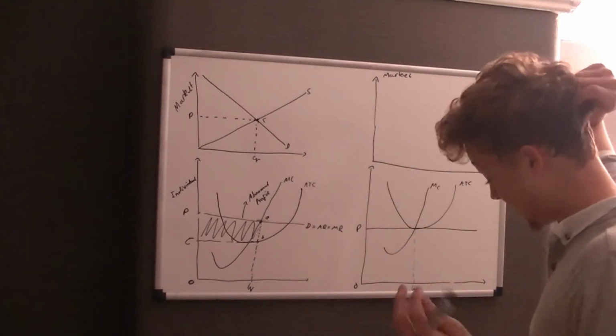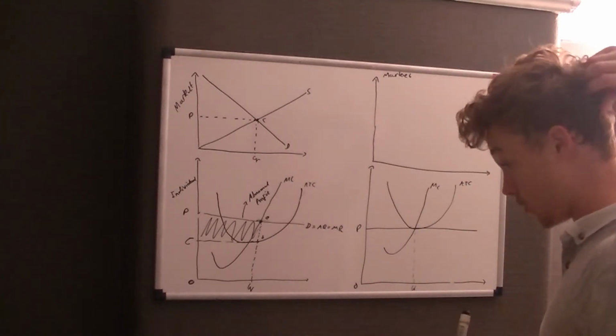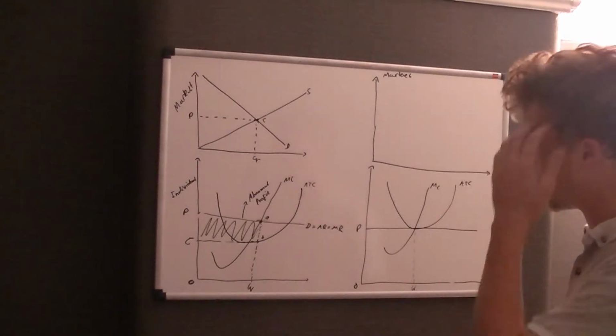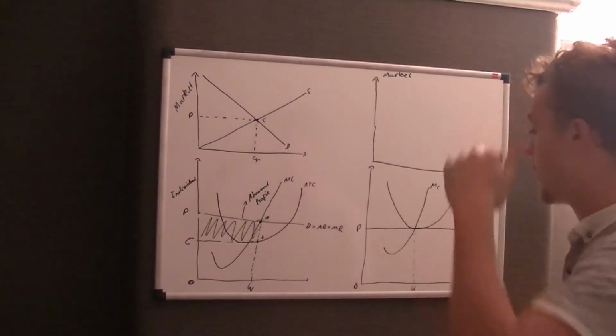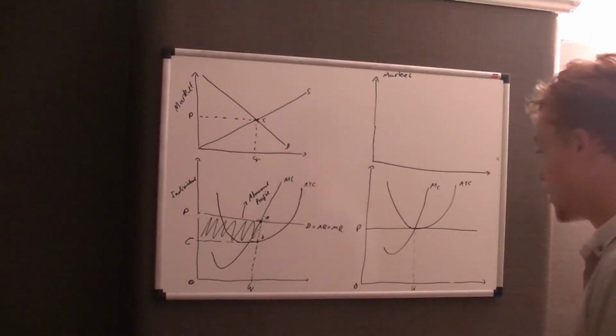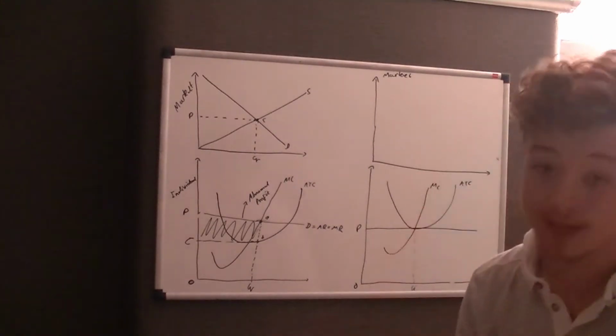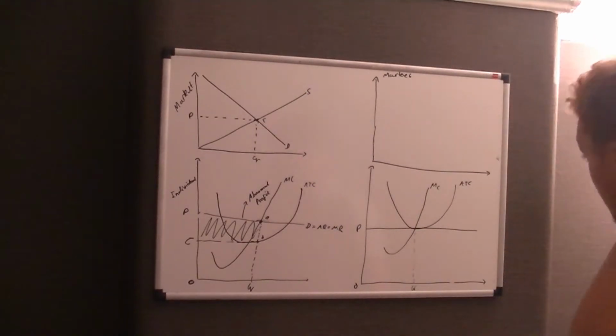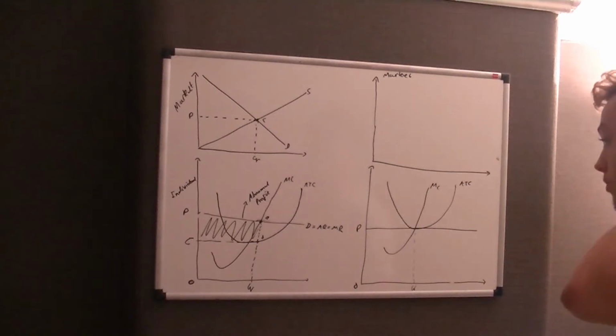So a business is, as I said, happy to stay in the market with normal profit, but they won't enter a market with only normal profit, because there's no incentive there. So that's the difference between abnormal and normal profit.